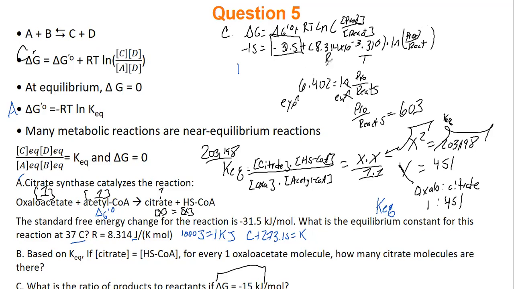You didn't get 6.402? I just redid it, and that's what I got again. What I will say is be careful of your parentheses, because if you don't put in your parentheses correctly, I could definitely see you getting the incorrect answer.